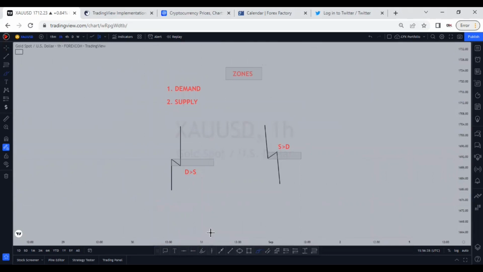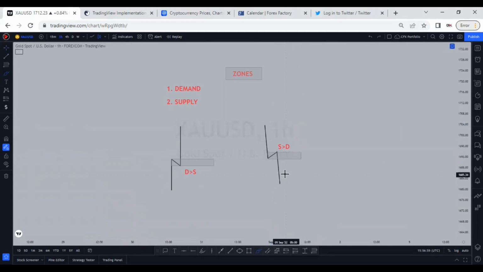So for you to be able to identify a demand zone, you need to see an area where the market breaks a new high. Mostly you find it when the market is going up like this. Now, a supply zone is an area where there are more sell orders compared to buy orders, and that is what I have in my second scenario right here.